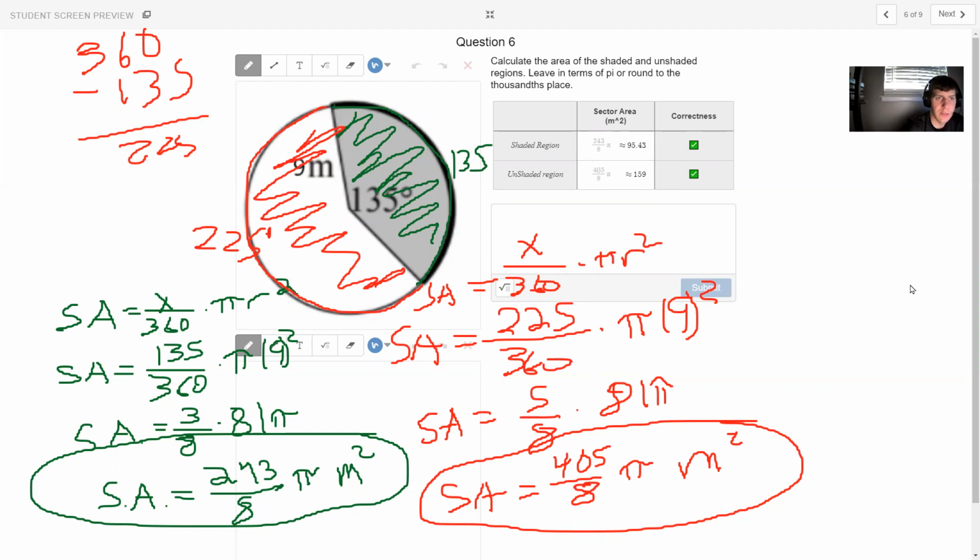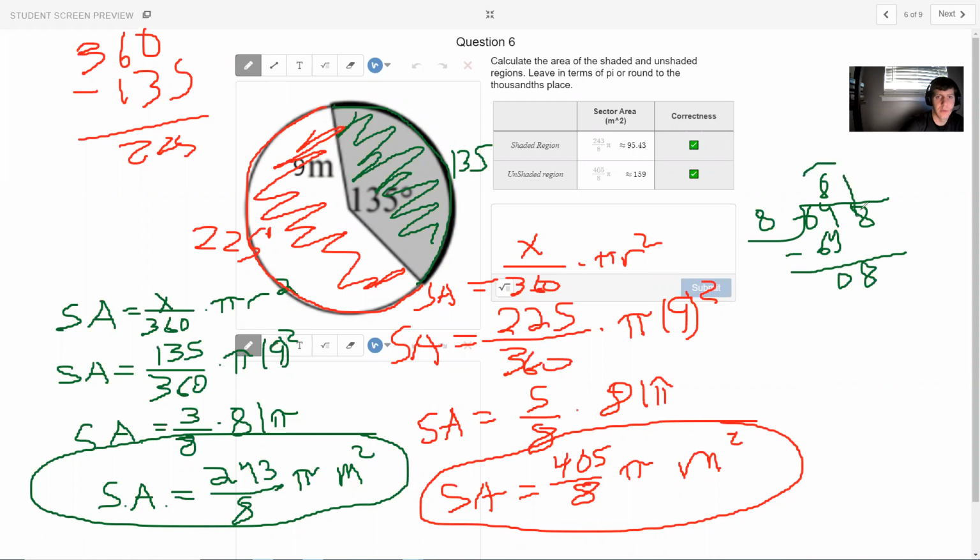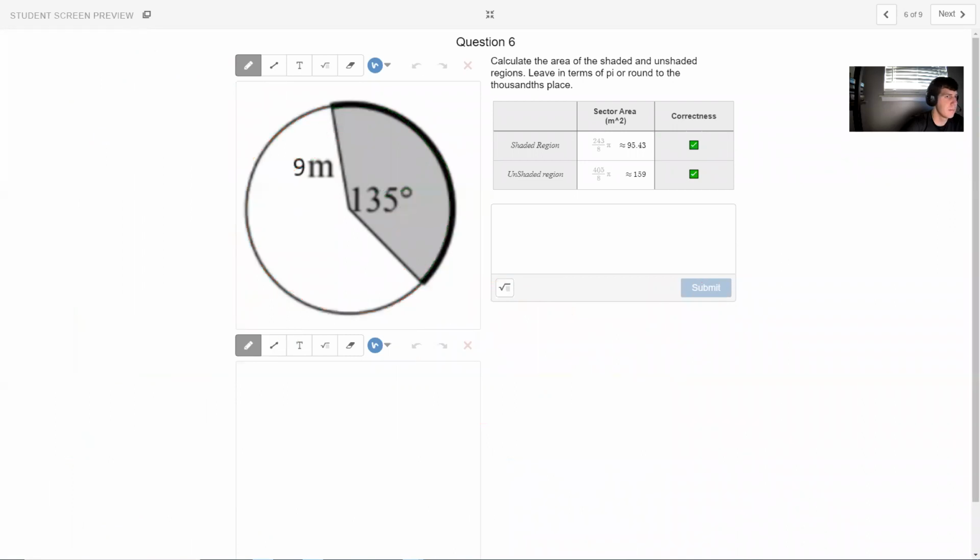So that would be 648 divided by 8, which is 81 pi. Yep. So they should add up to the total area, which is 81 pi.